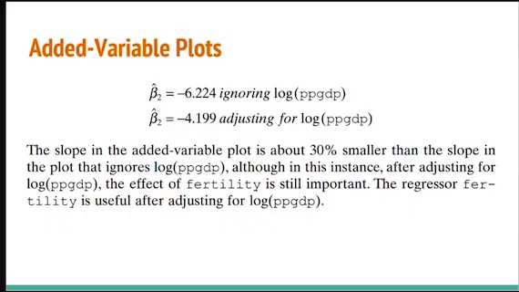We didn't ignore it, and you can see that the slopes are not the same. The slope in the added variable plot is about 30% smaller than the slope in the plot that ignores it. Although in this instance, after adjusting for that, the effect of fertility is still important.